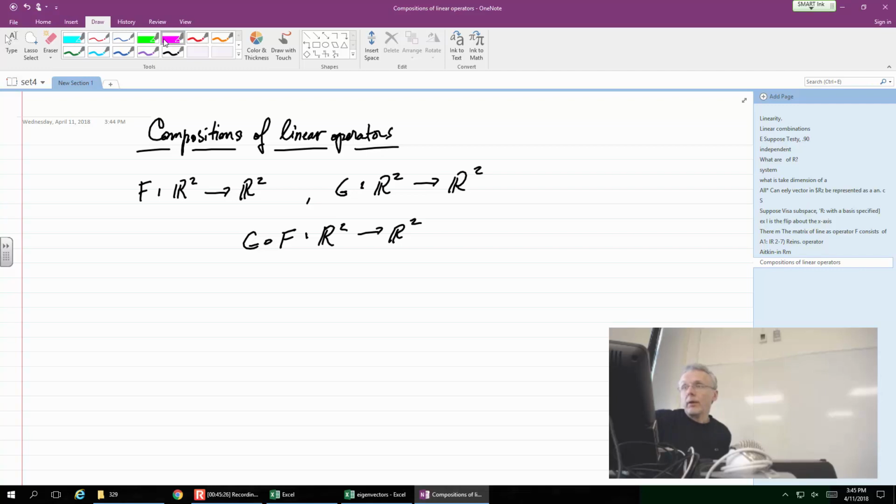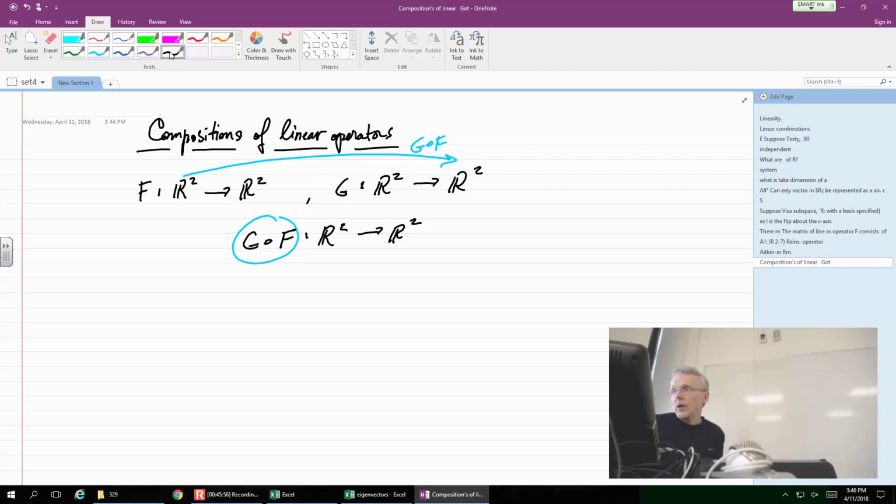It goes from the beginning to the end like this. This is my composition, g circle f. We are reading from right to left, so it's f first, then g second. And what we have is a new function. Two functions are given, applied consecutively, and it gives a new function, once again from R2 to R2, and we have to understand certain things about it.